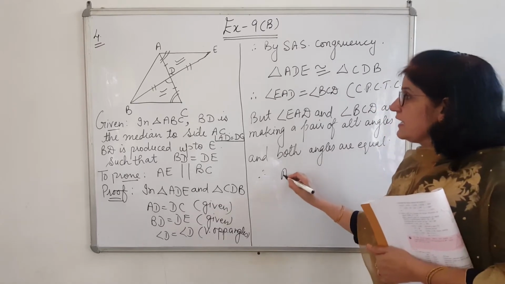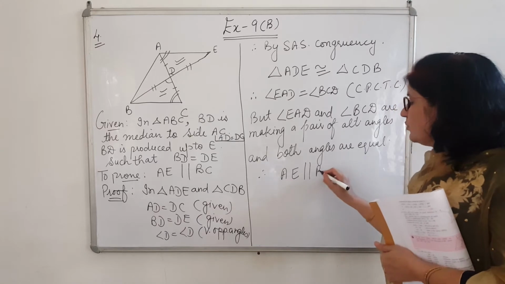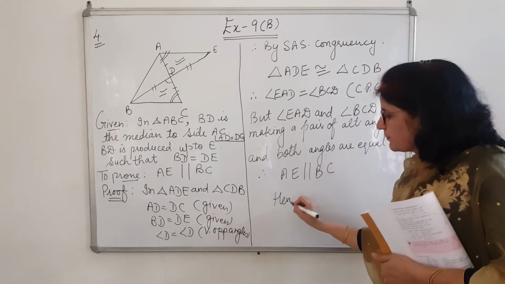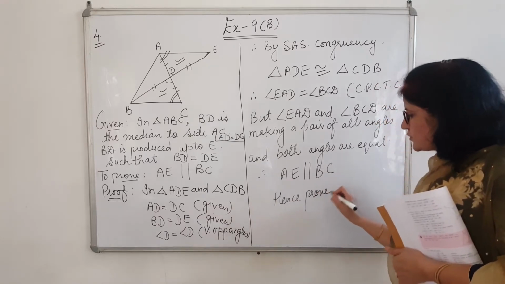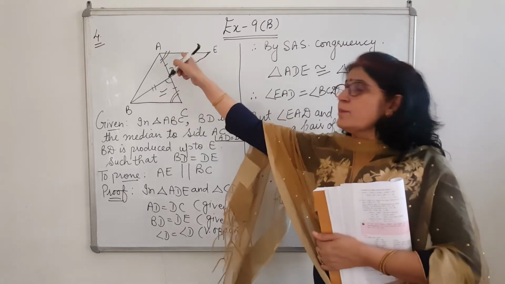Therefore, AE will be parallel to BC. Hence, proved. So like this, we can prove them parallel to each other.